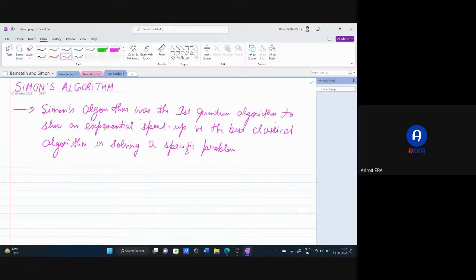Okay, what it is saying, Simon's algorithm was the first quantum algorithm to show an exponential speed up versus the best classical.